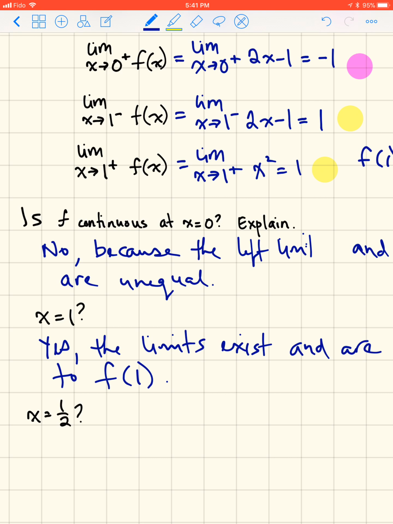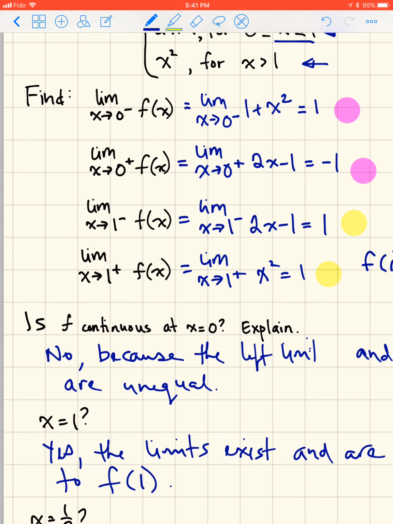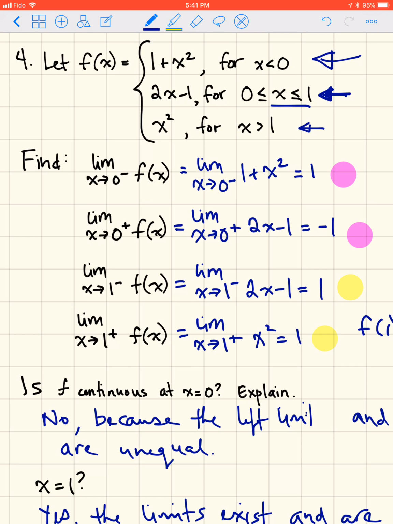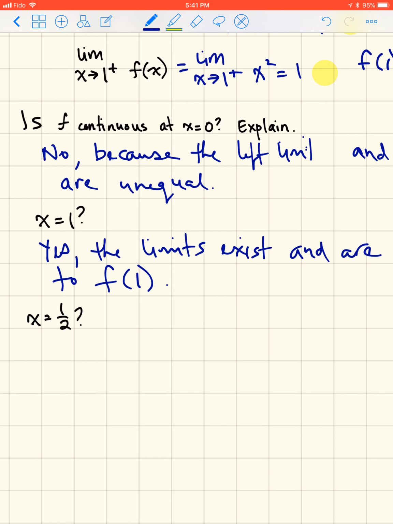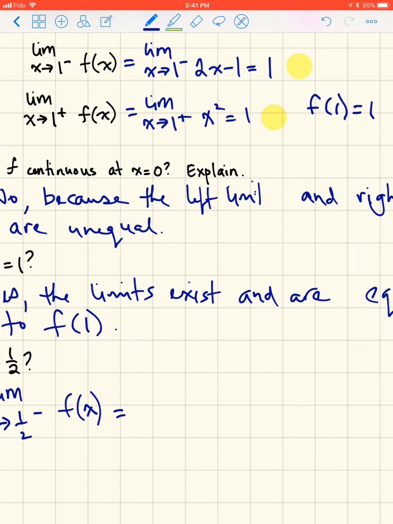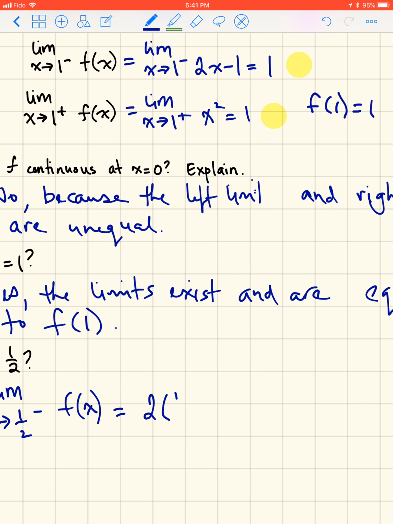Now, at x equals a half, you can probably guess, because it's in the middle of a continuous piece of the function, that it is continuous. But let's show our work to be sure. We want to know the limit as x goes to a half from the left of f of x, which is, what piece is that function? That's 2x minus 1, which is 0.